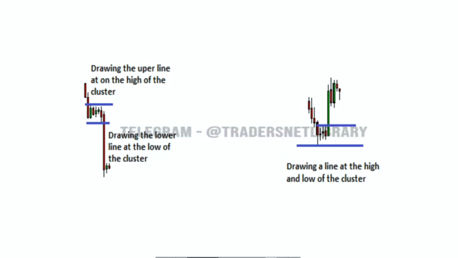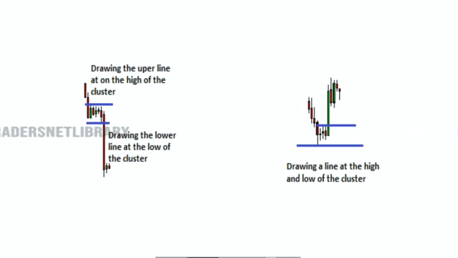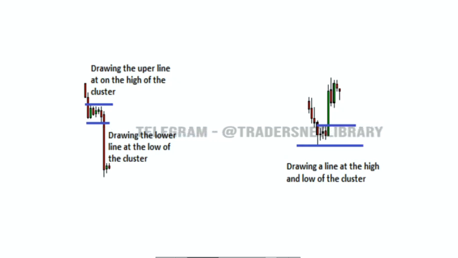Once we have found a zone like explained above, we want to define the base as well as possible by drawing a line on the upper and lower part of the trading cluster. There are two possible ways to define the base, depending on the trader's preference. One, draw the upper line at the high of the cluster and the lower line at the low of the cluster.